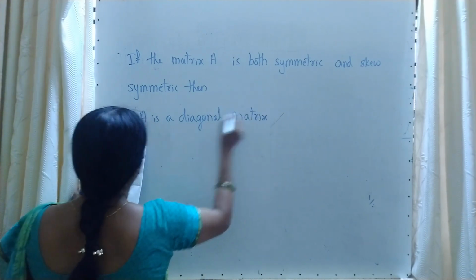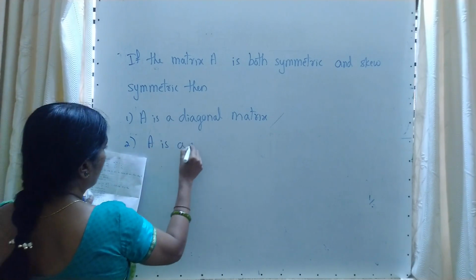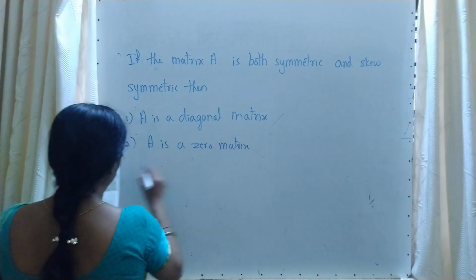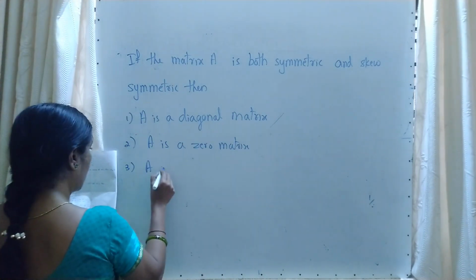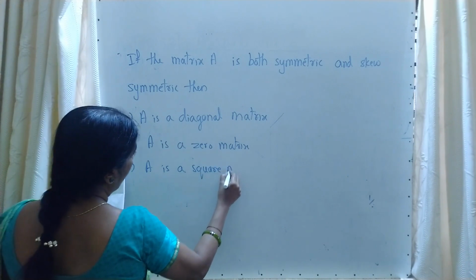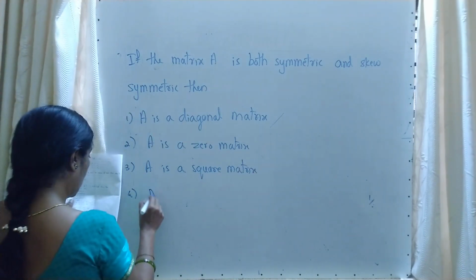See, if you are thorough in the definition, then only we'll mark. Second, A is a zero matrix. Third one, A is a square matrix. Fourth one, none of these.